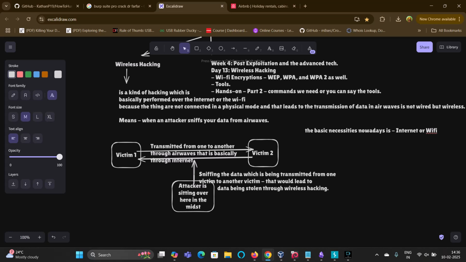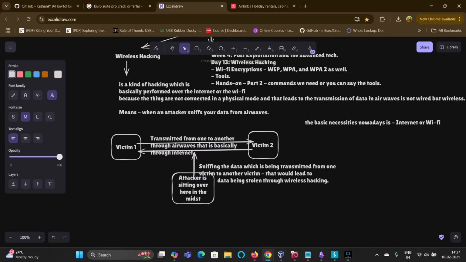Without them, data cannot be transmitted from one end of the network to another, throughout the world. That's how we transmit data from one place to another, and that's how we are connected in today's era. So let's imagine, what if your Wi-Fi or your internet is compromised and your data is getting leaked through that Wi-Fi system? Isn't it scary, guys?